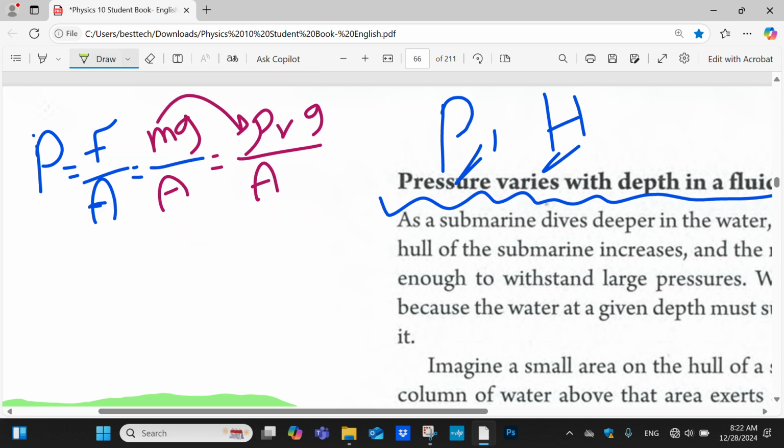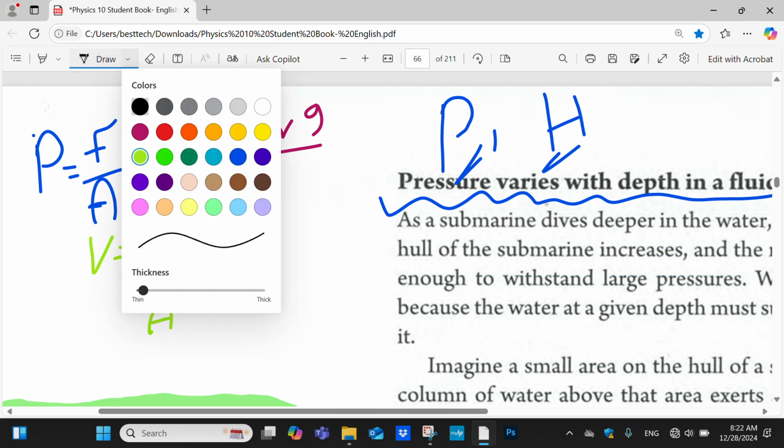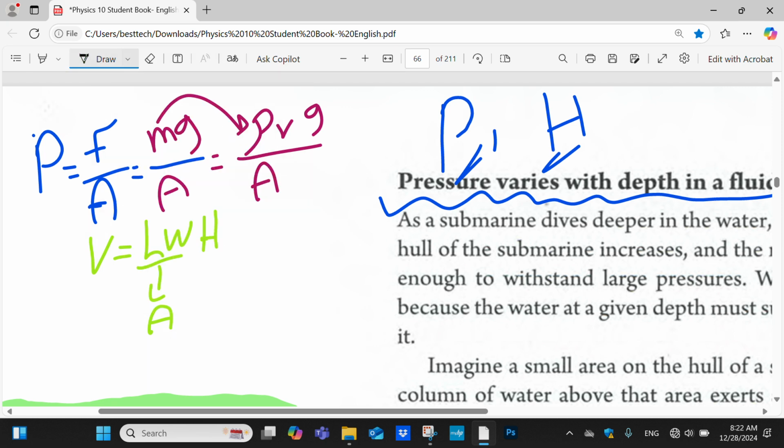Now, instead of the volume, we can change the volume's rule. Volume is equal to L W H. Instead of L W, we can write area, because multiplying length with width gives area, and bring down the H too. So now the volume is equal to A H. Write down the rule again.